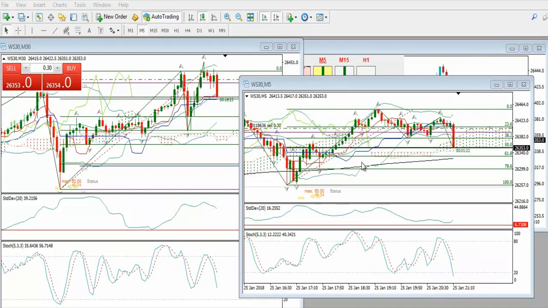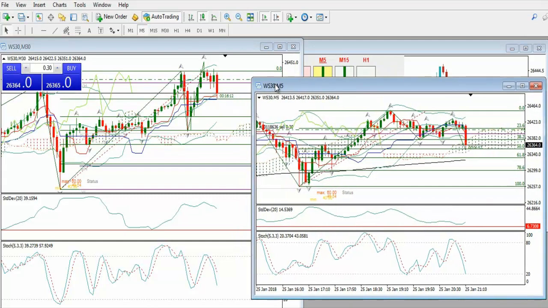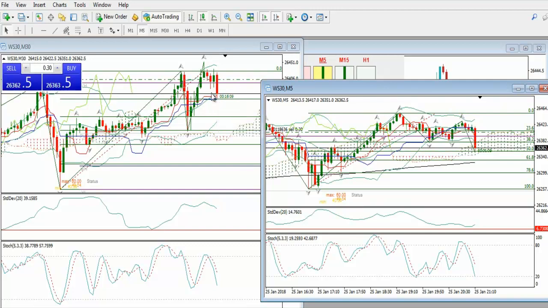Hi guys, I decided here for some reason to enter. I needed to be sure, as I told you before. I believe that we're gonna have a retracement at least until the Kijisen right here, and we did.